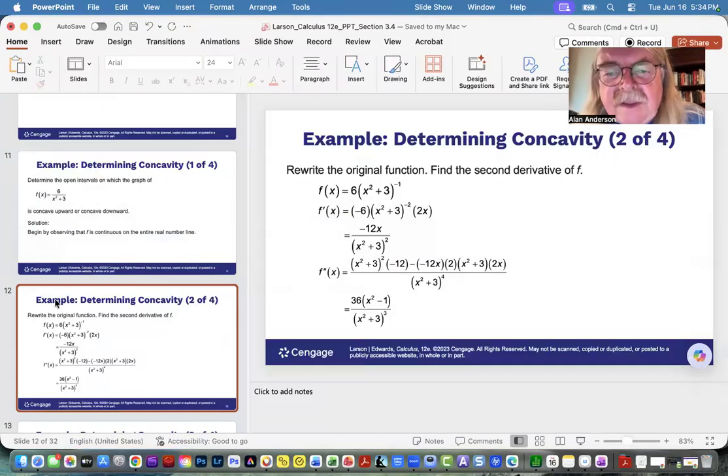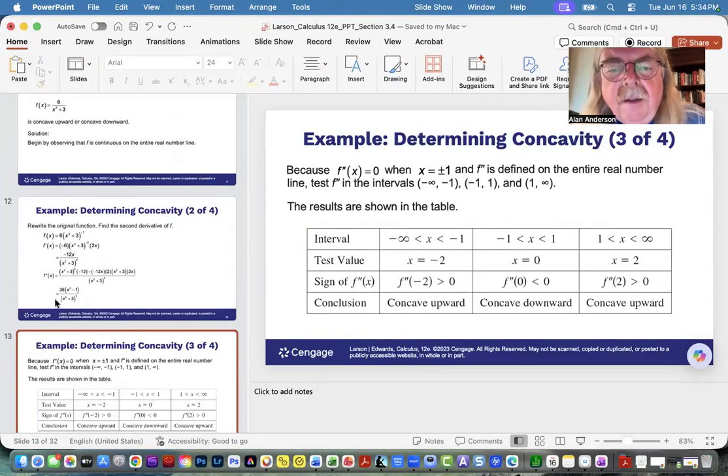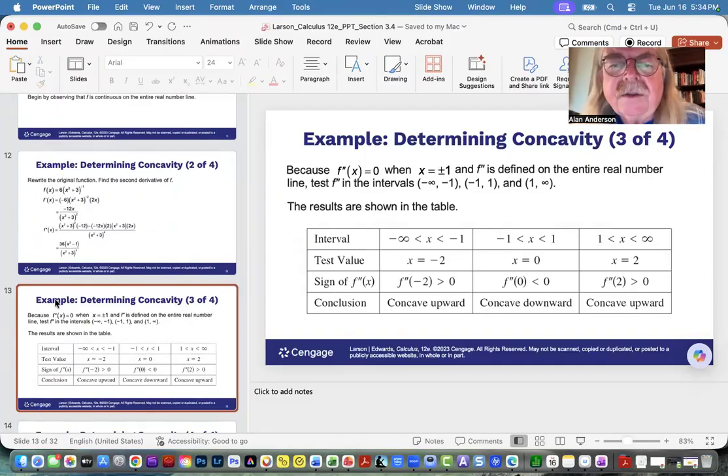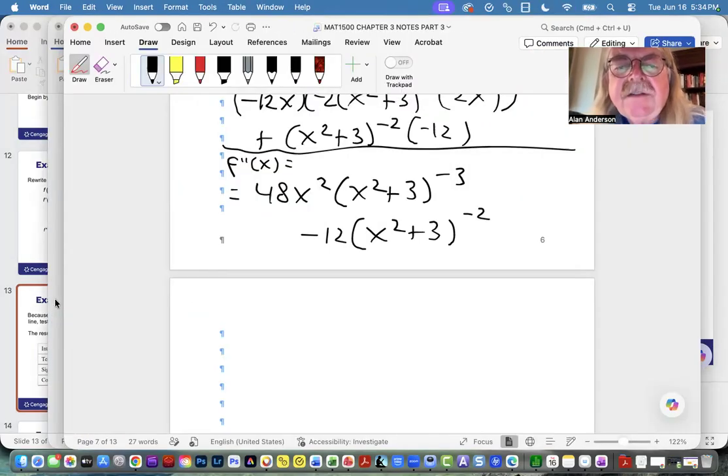So they seem to have simplified it a little, but what they need us to do is find where this is equal to 0. Okay, because if you notice when we went through this, every time the concavity changed, it happened when we had a horizontal tangent line.